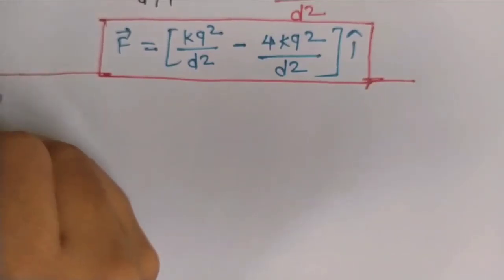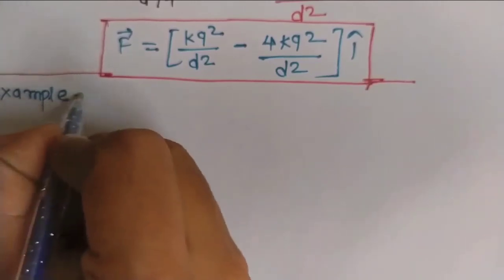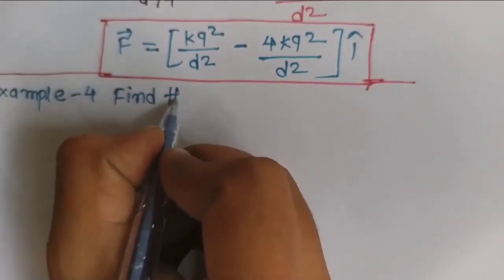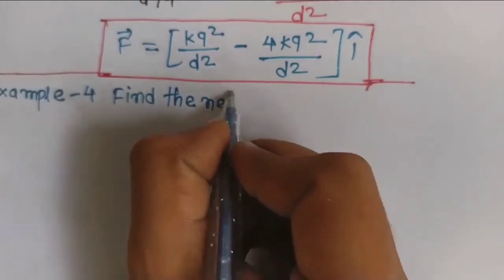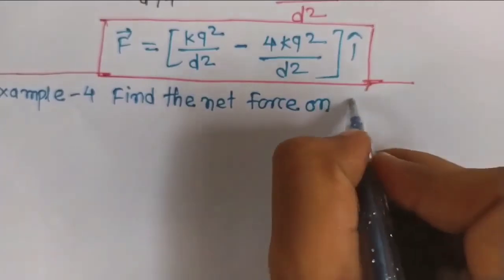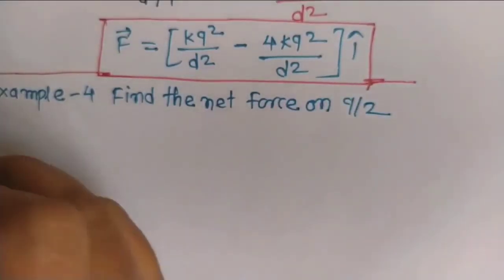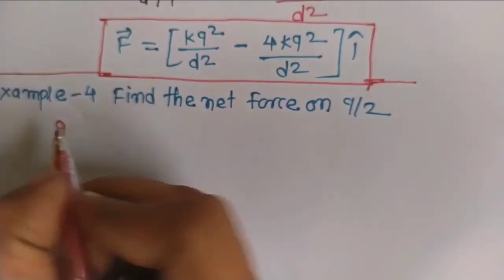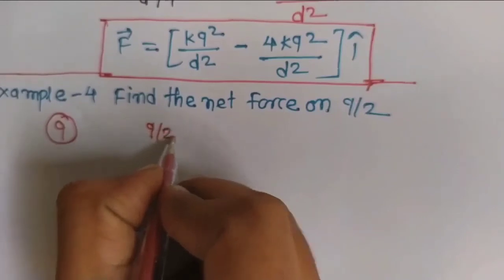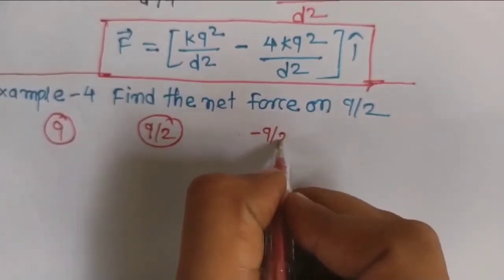Next example. Example number 4. Find the net force on the Q by 2. We have 3 charges, plus Q, Q by 2 and minus Q by 2.